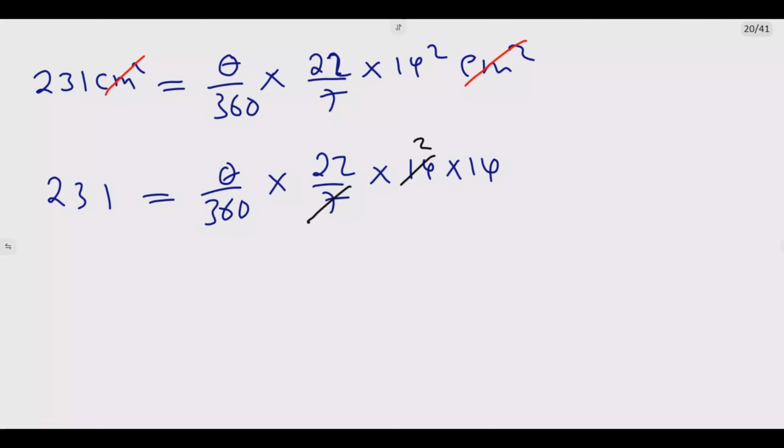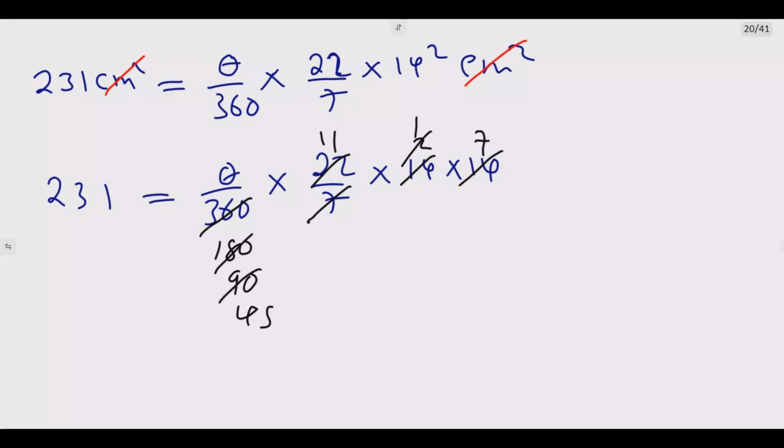That one cancels. Then 2 into 2 is a 1. 2 into 360 is a 180. 2 into 22 is 11. 2 into 180 is a 90. 2 into 14 is a 7. 2 into 90 is 45.